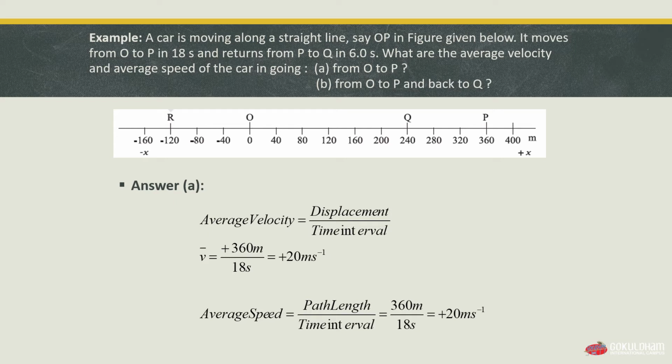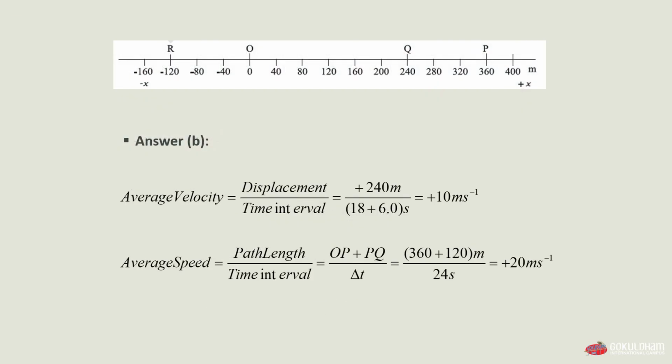Now we will calculate the average velocity and average speed for case B, which was to calculate from O to P and then coming back to Q. For that case, the average velocity is equal to displacement divided by time interval. In this case, our car goes to 360 meter and comes back to 240 meter.